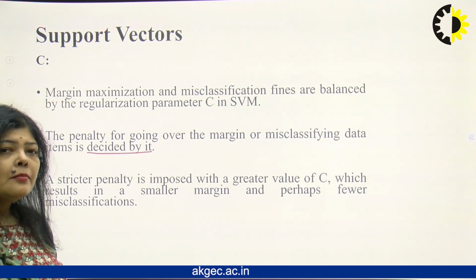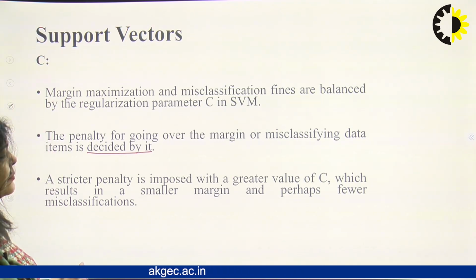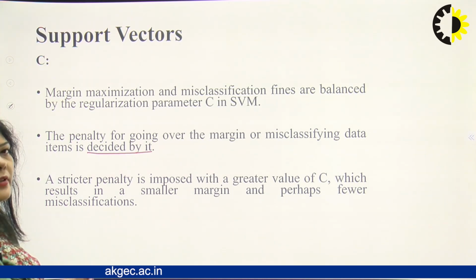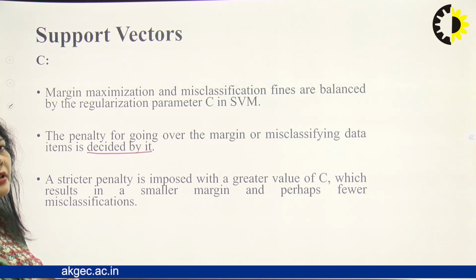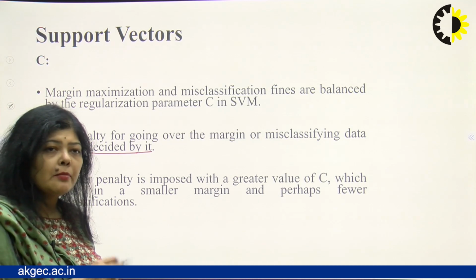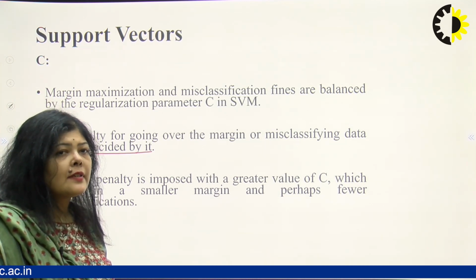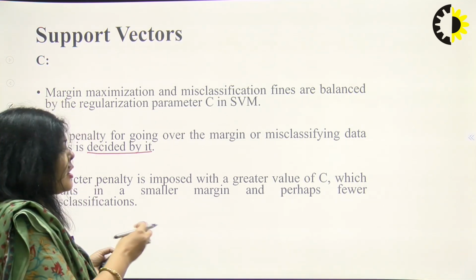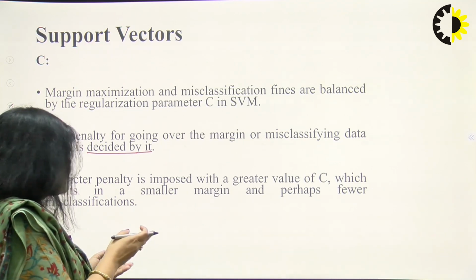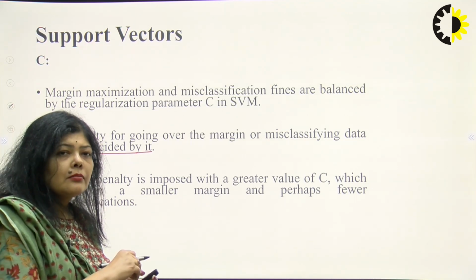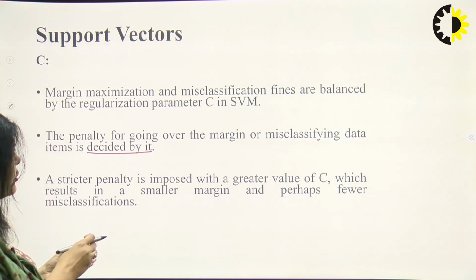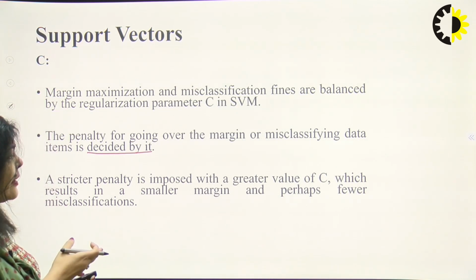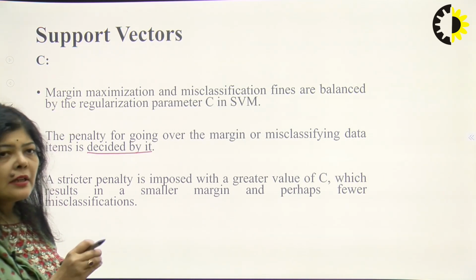A stricter penalty is imposed with a greater value of C. If C has a greater value, the penalty will be more, and if the value of C is less, then a smaller penalty is given for these misclassification points.